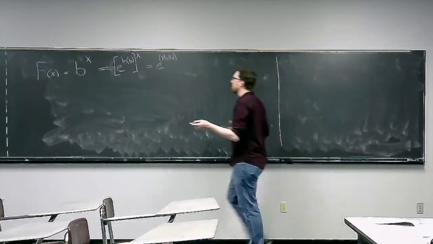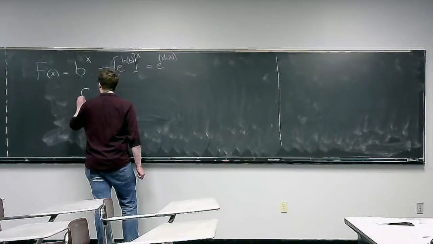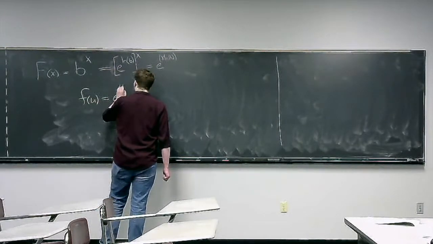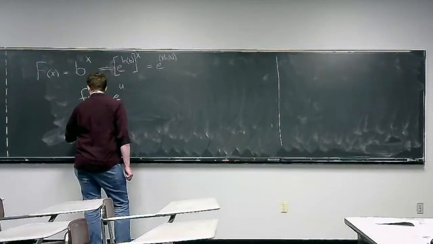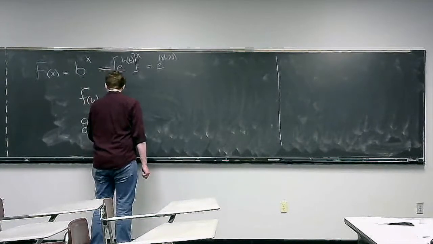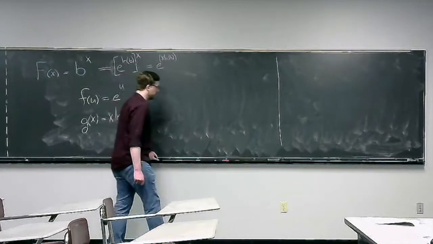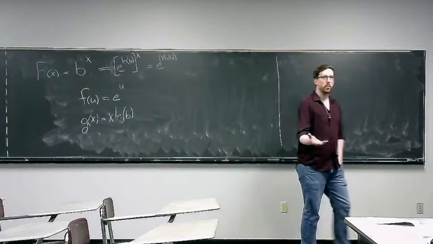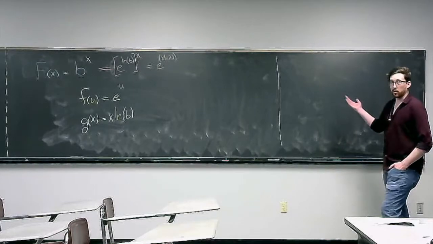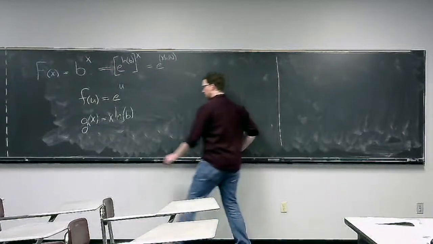If this is about the last lecture's material, then I need to identify an outside function, f of u, let's call that e to the u, and an inside function, let's call that g of x, and it's going to be equal to x times the ln of b. Now the question is, what are the derivatives? Well, the derivative of e to the u is just e to the u.